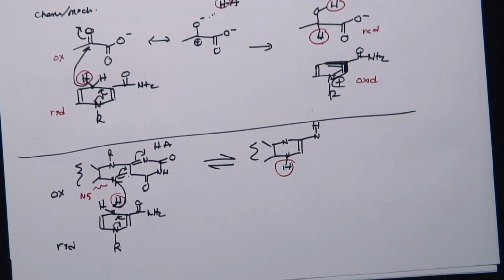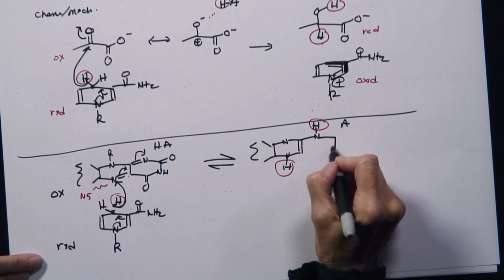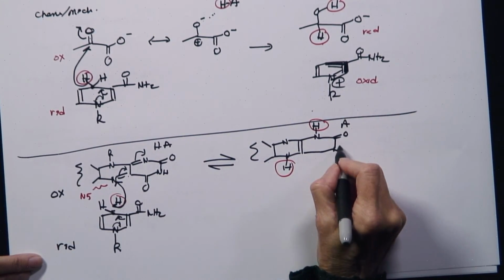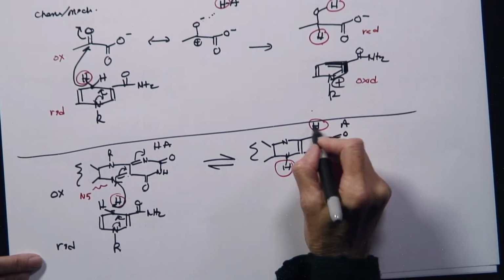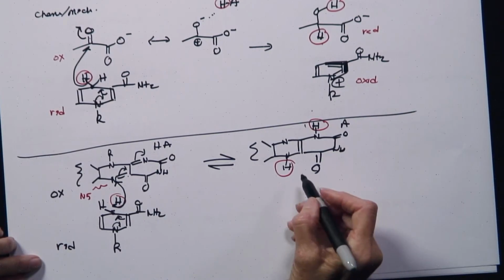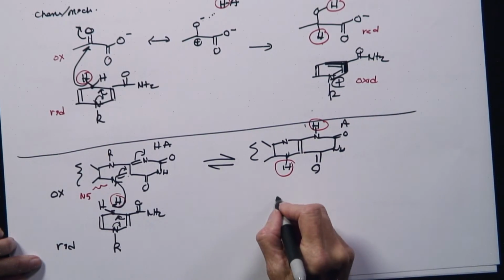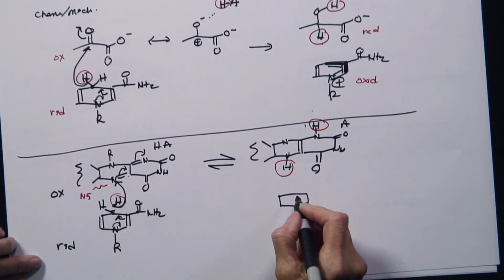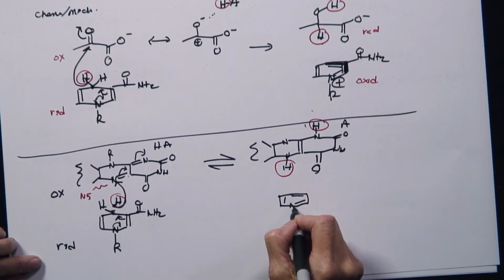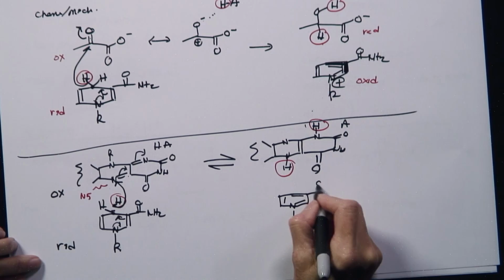And you could pick up a hydrogen here from AH, leaving you with A. So this proton may or may not be protonated depending on the active site of the enzyme. In other words, and so then what you also have here is the oxidized form of NADH.